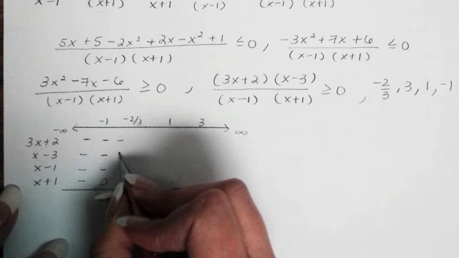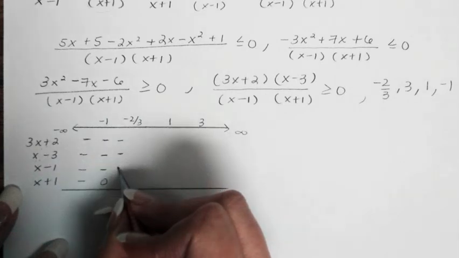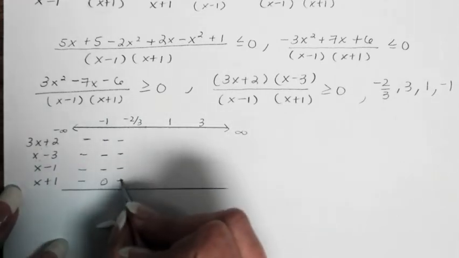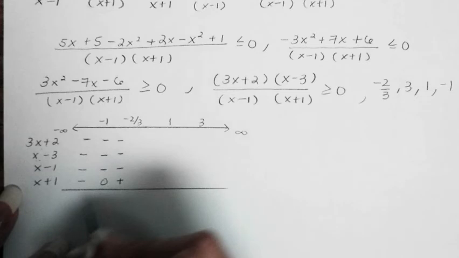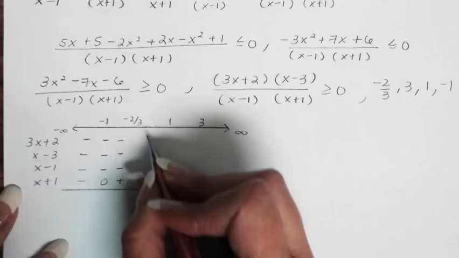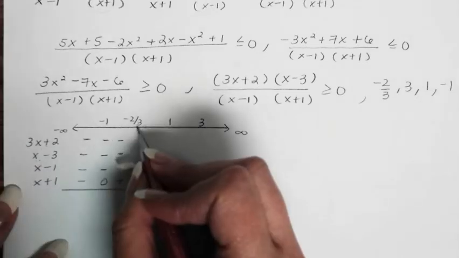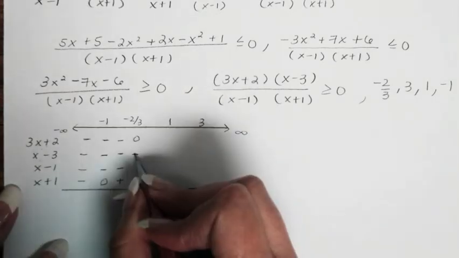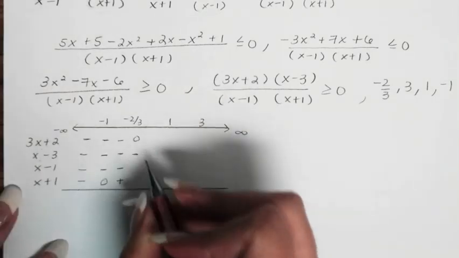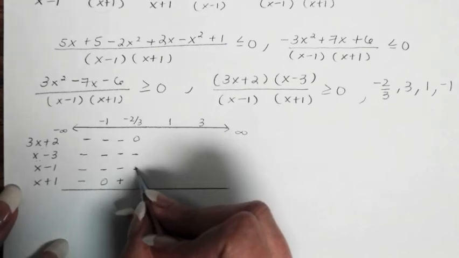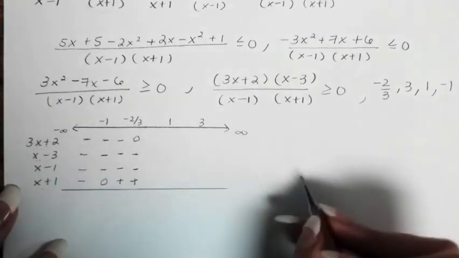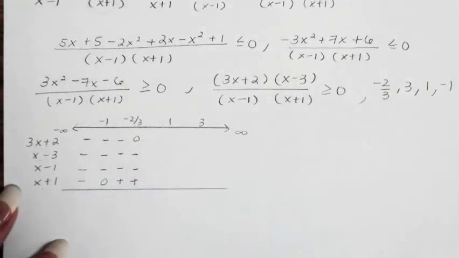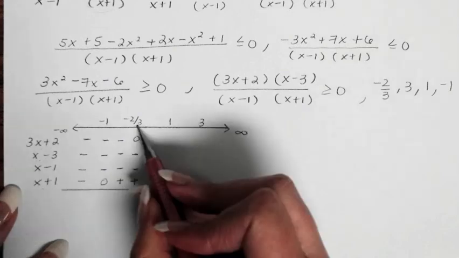If you plug that one here, it's still going to be negative, and this one here is going to be positive. And we'll cover that. So now we plug the negative 2/3 here, so that one is going to be 0. That one is going to be negative. If you plug that one here, it's going to be negative, and if you plug that one here, it's going to be positive.